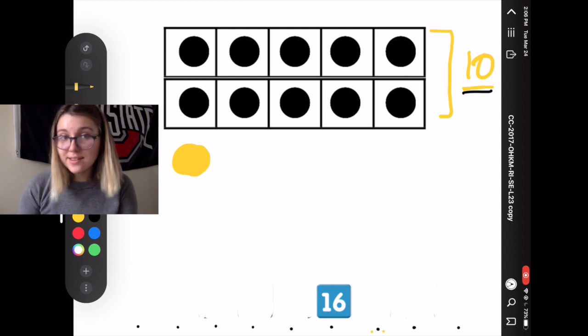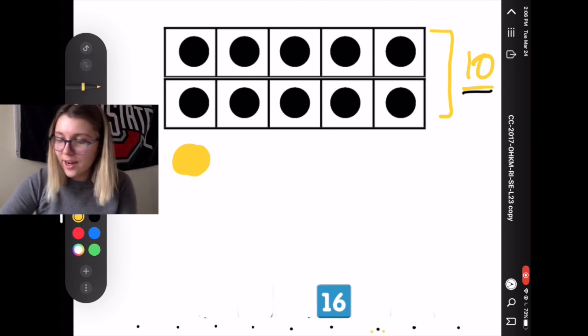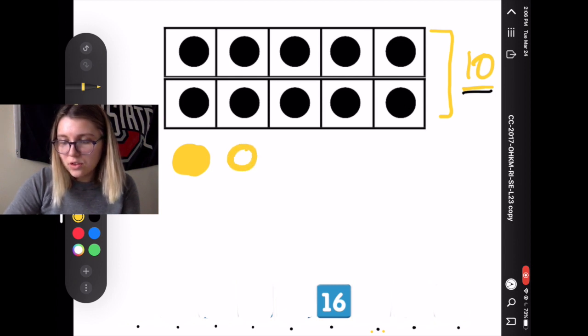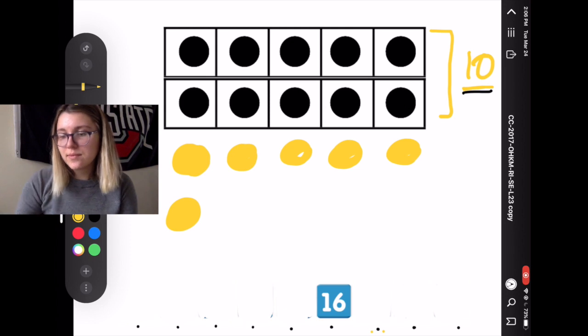This is the number 16. How many extra dots do I need? I would need 6. You're right. So I would have 10, 11, 12, 13, 14, 15, 16.